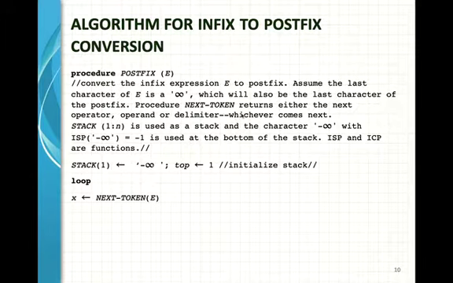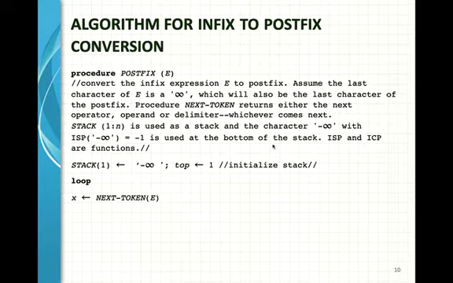The procedure next token returns either the next operator, operand or delimiter, whichever comes next. Now stack is 1 to n, which denotes the size of the stack, and the character minus infinity, equal to -1, is used at the bottom of the stack. It will be explained in the algorithm.